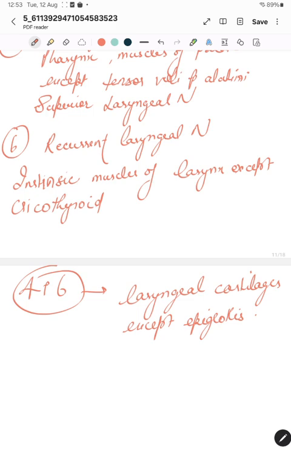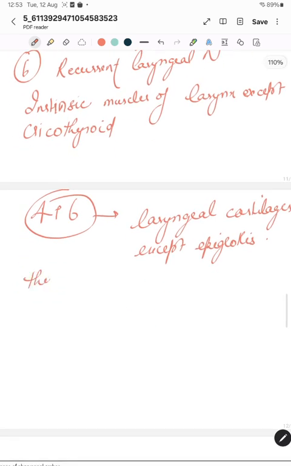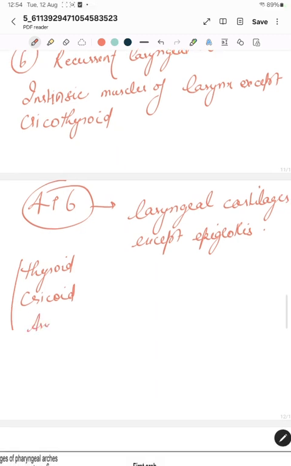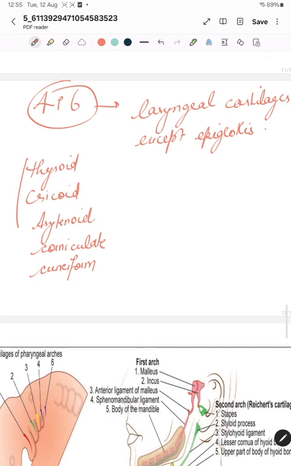So we know that the laryngeal cartilages are thyroid, cricoid, arytenoid, corniculate and cuneiform. Okay, these are the laryngeal cartilages. Epiglottis is not included in it. Epiglottis is also a laryngeal cartilage, but it is not derived from the fourth or sixth arches.